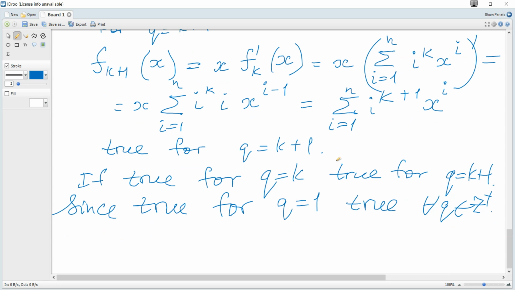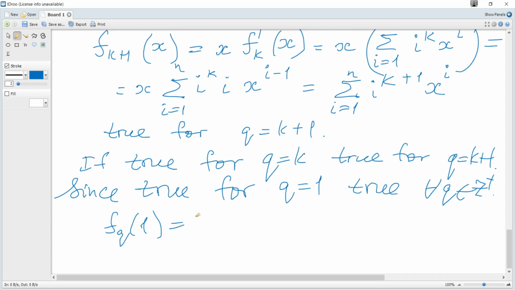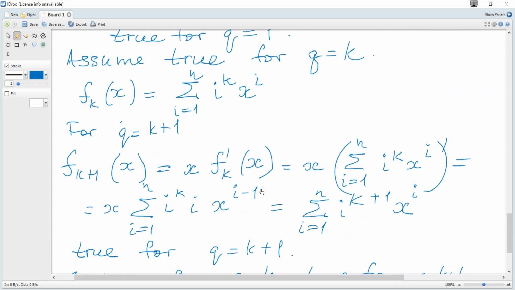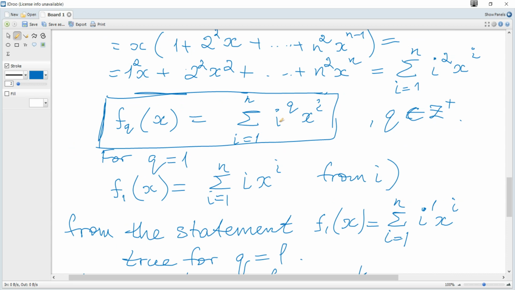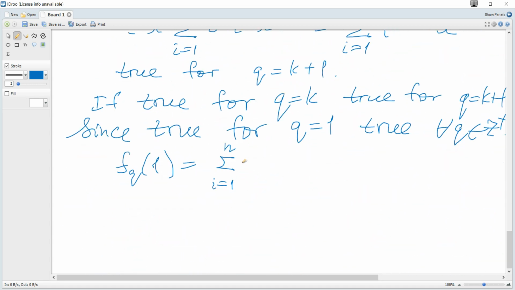And the next, using sigma notation, write down an expression for fq of 1. Notice that of 1, it means we should substitute 1 for x, so it becomes the sum for i from 1 to n, and it's i to the power of q multiplied by 1 to the power of i, which is just 1, so it's just i to the power of q.